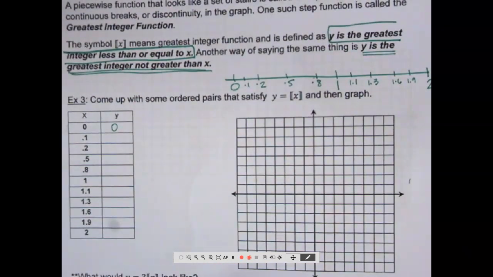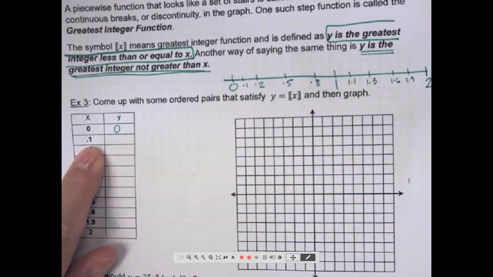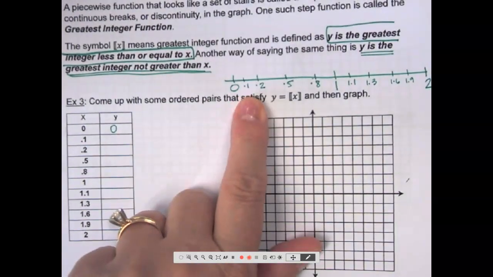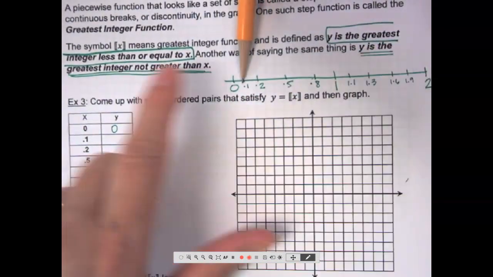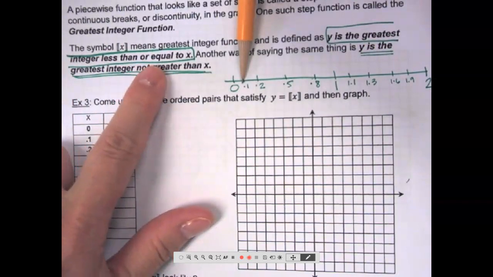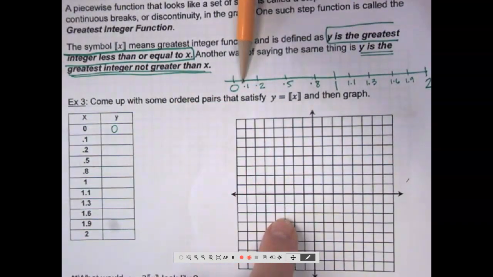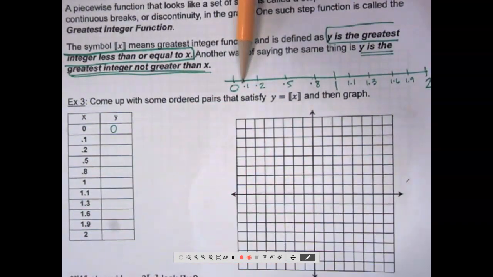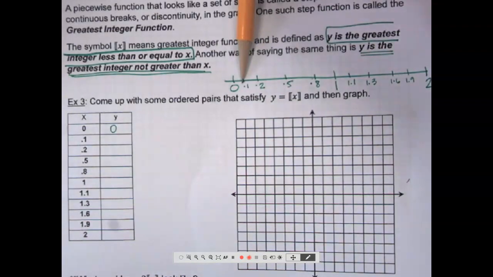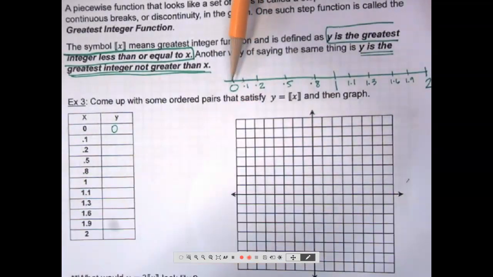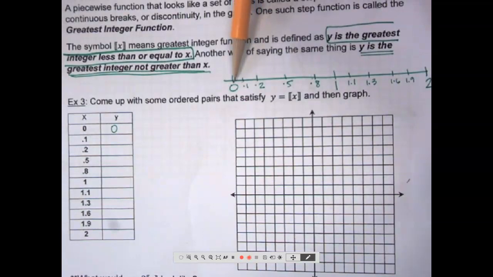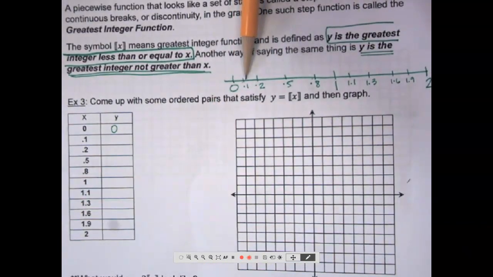All right, but when I get to 0.1, here I am on the number line at 0.1. What is the biggest integer less than or equal to 0.1? 1 is bigger. 0 is less than or equal to 0.1. So it's kind of like you're dropping back to the closest integer. So 0 is the biggest integer that is smaller than 0.1.